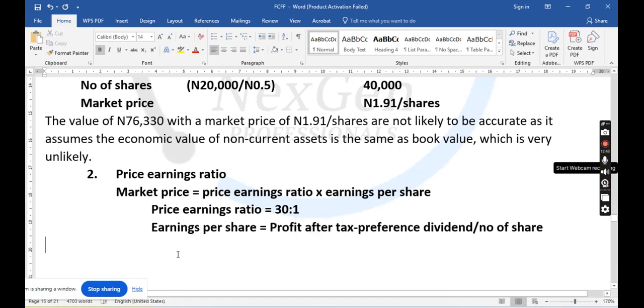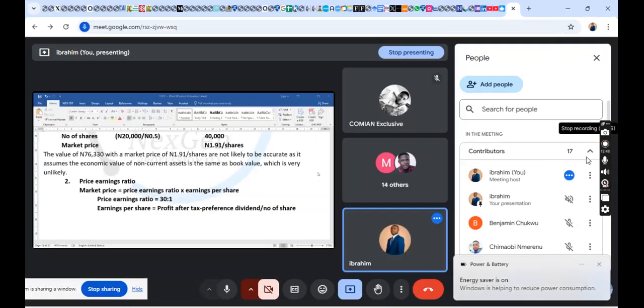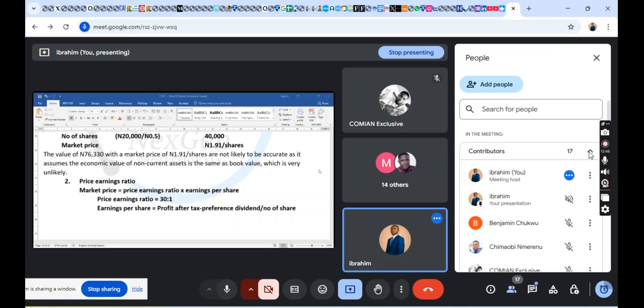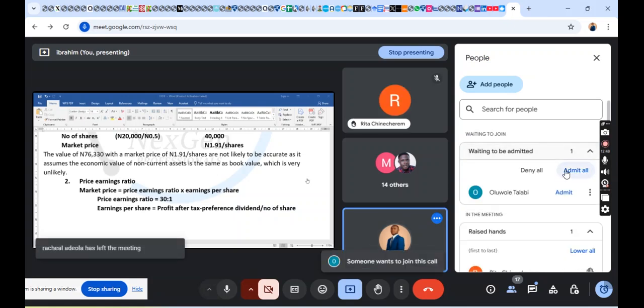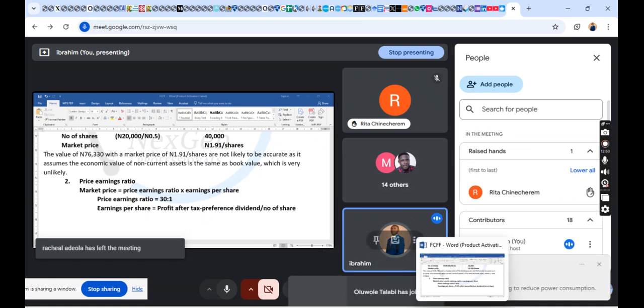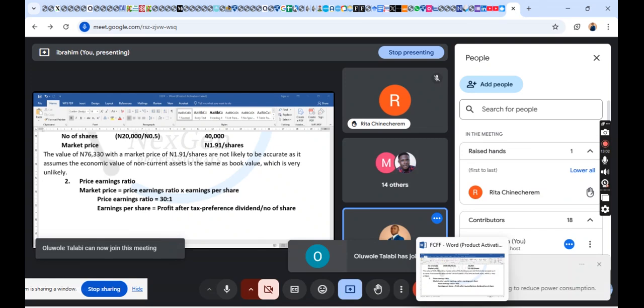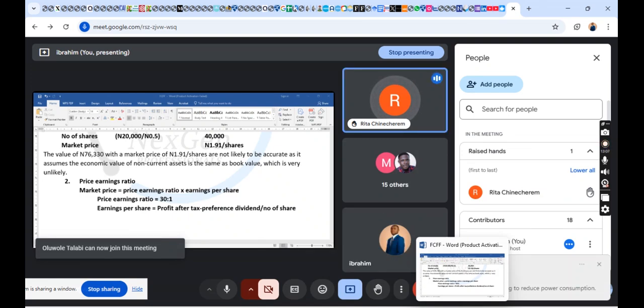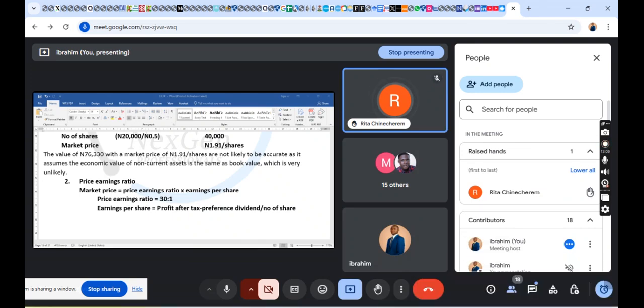Ideally, we're supposed to bring in the profit after tax given to us in this question. Sir, can you check the question? While we were reading, you said that a particular figure is our EPS.